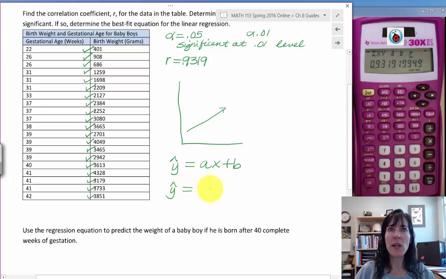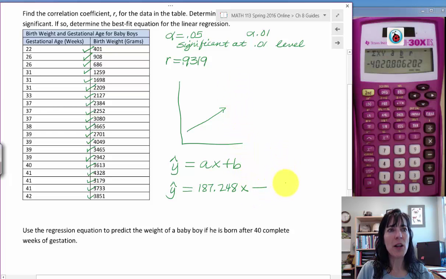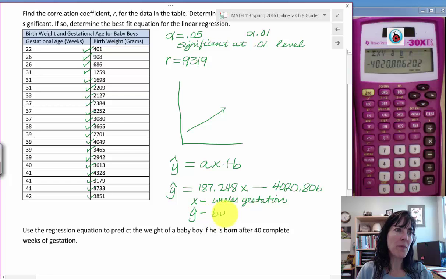I scroll over to find my a, and that was 187.248 x, and then my b needed to be minus because I have a negative b, so it's minus 4020.806. Remember, I want you to write these: my x's are the gestational age, weeks of gestation, and my y hat is going to be the birth weight, and it's in grams.